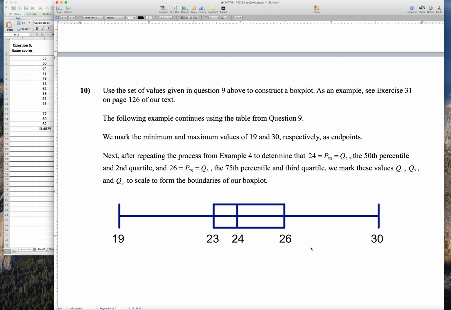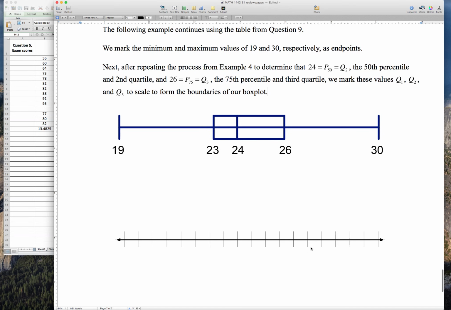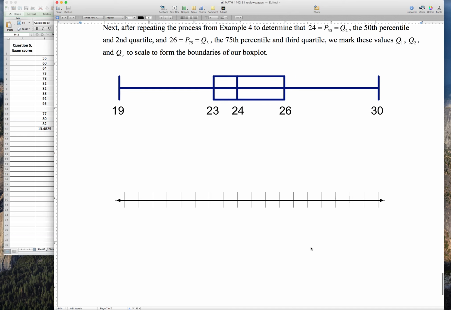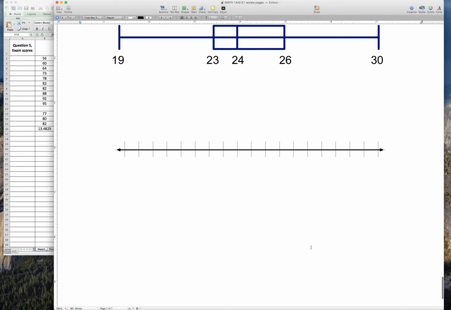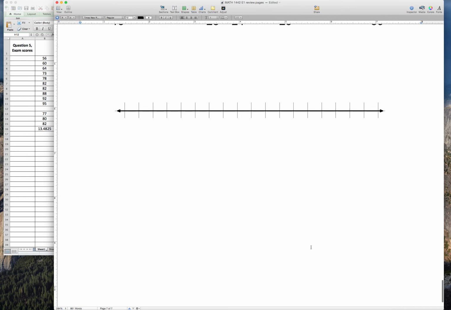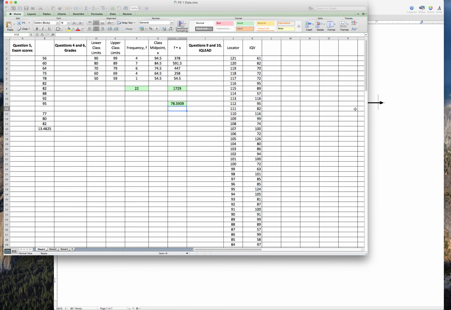So that's fine, but I think it's useful to repeat this process for the set of values that's actually on the spreadsheet here, because it's a much larger set, and you might want to know how to do this using Excel.